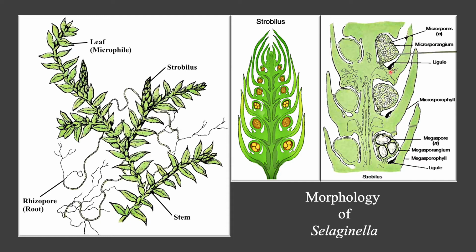At the base of the microsporophyll a ligule can be seen. These are the megasporophylls. The megasporophylls contain megasporangium and the megasporangium contain megaspores. The ligule can also be seen at the base of the megasporophyll.